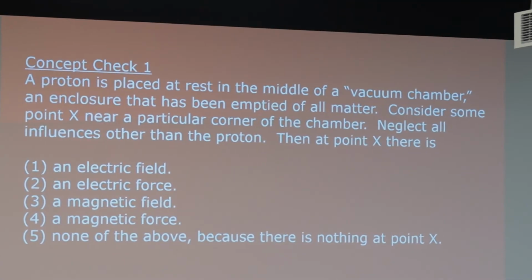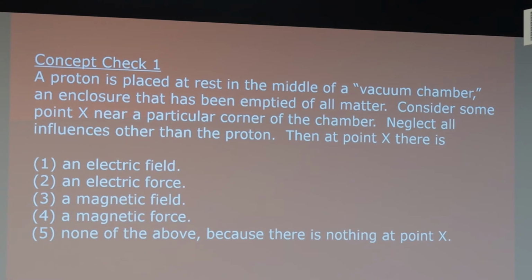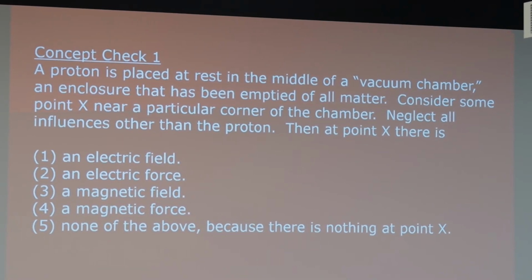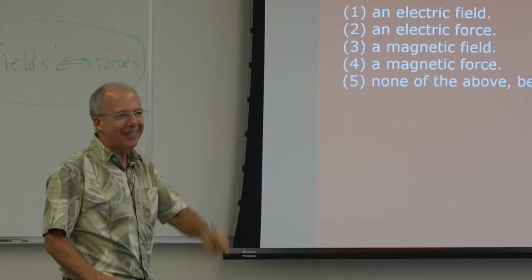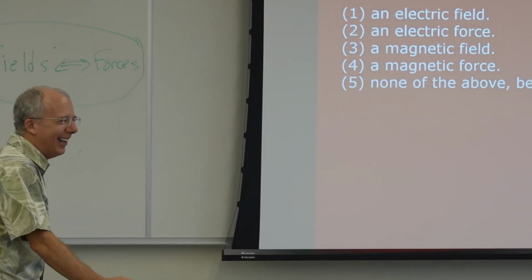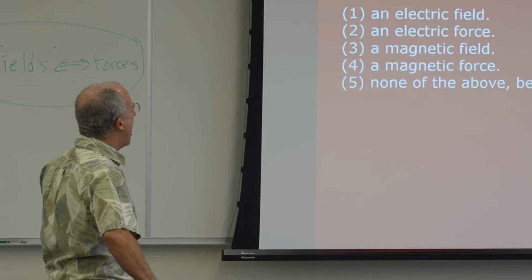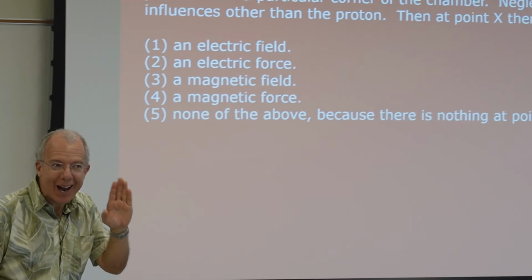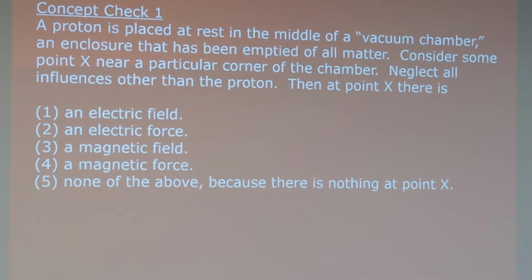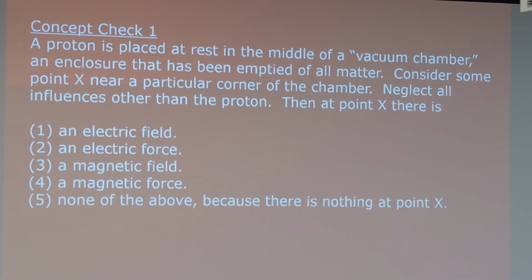Just think from what you've learned so far. So there's only one proton. You have to remember Physics 121 too. So there's one proton, one object. Ready? Let's vote.